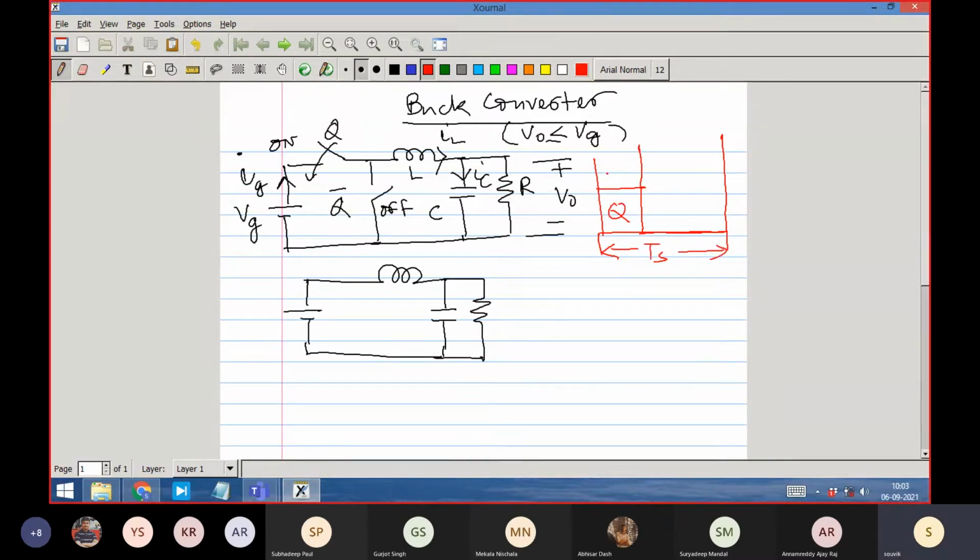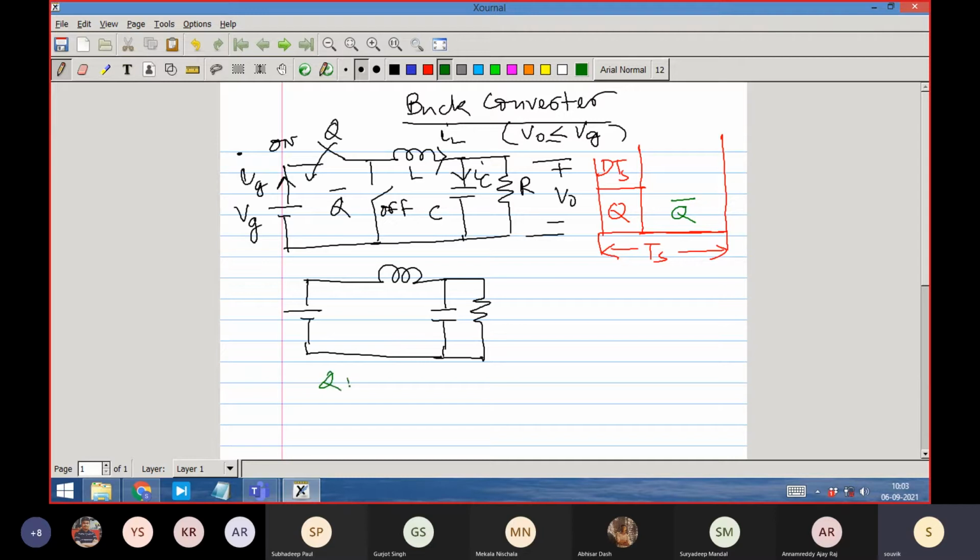This is the on period, which we will now say is equal to DTS, D being the duty ratio, and this is the off period. Q bar is turned on here, and Q is on there. This is how the pulsing of the switches is determined.